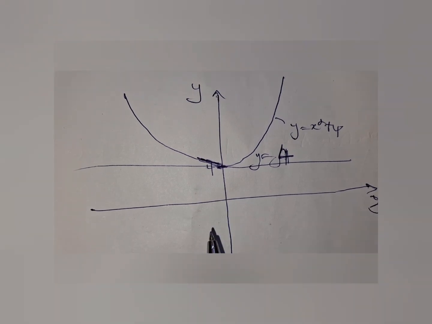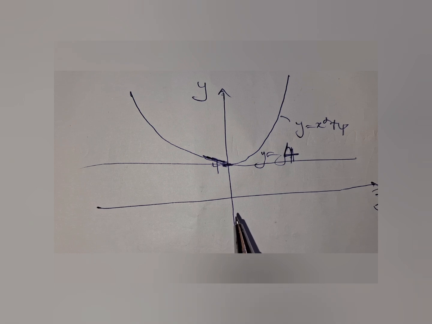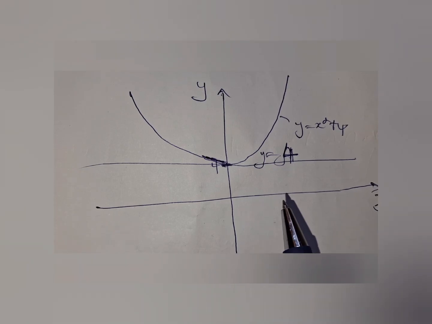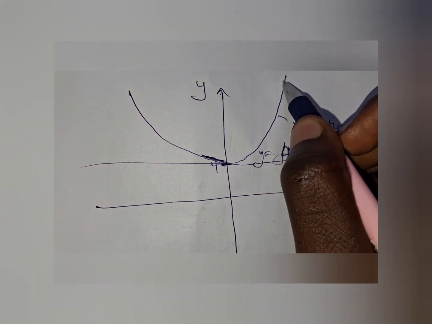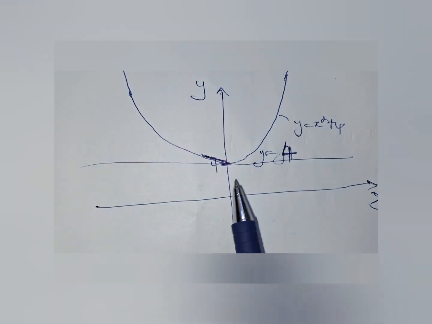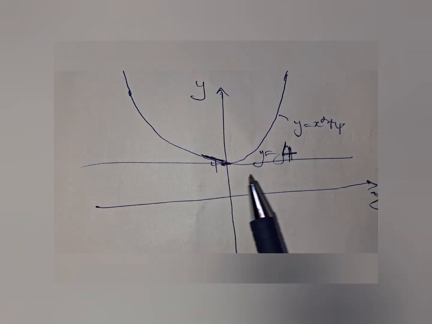Having a look at this, you're going to see that this graph, whatever the values that we output here, are always going to be greater than 4.